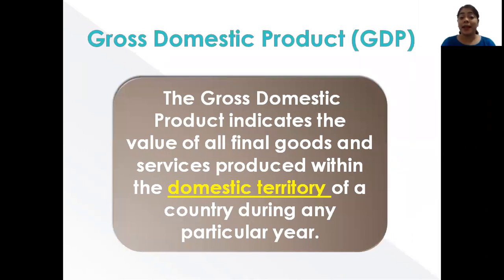So GDP indicates the value of all the final goods and services produced within the domestic territory of a country during any particular year. Or in other words, GDP is the total value of everything which is produced within a country's border.